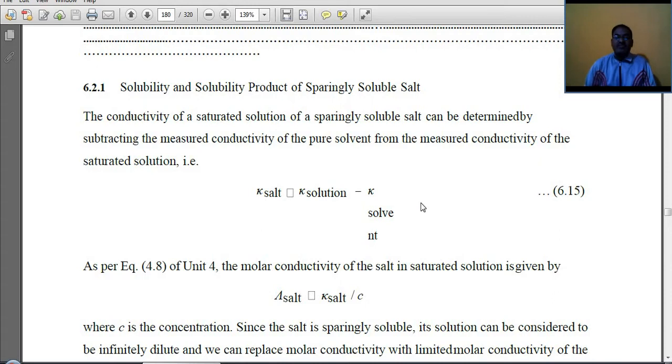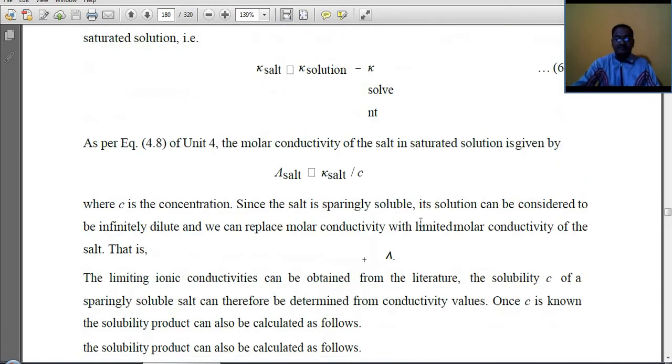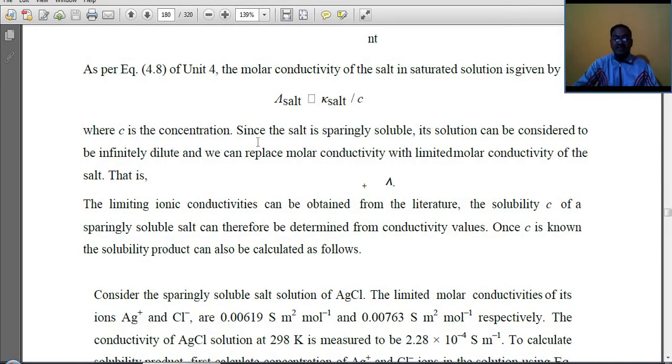The conductivity of a saturated solution of a sparingly soluble salt can be determined by subtracting the measured conductivity of the pure solvent from the measured conductivity of the saturated solution. Here C is the concentration. Since the salt is sparingly soluble, its solution can be considered to be infinitely dilute and we can replace molar conductivity with limiting molar conductivity of the salt.